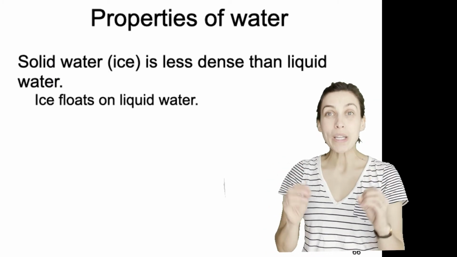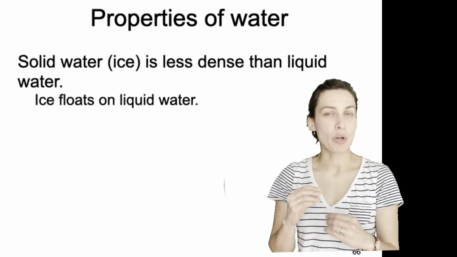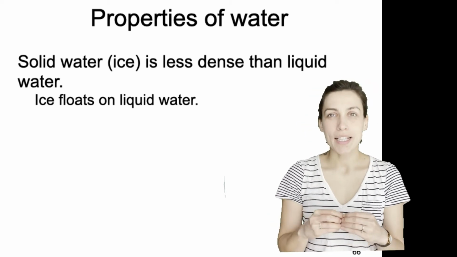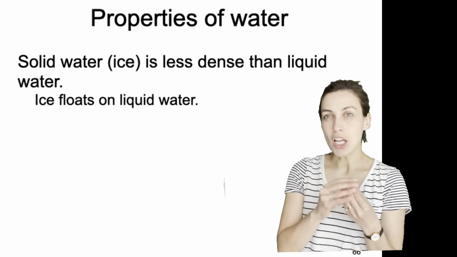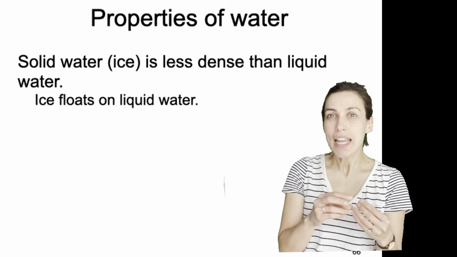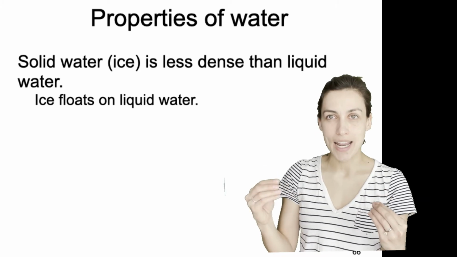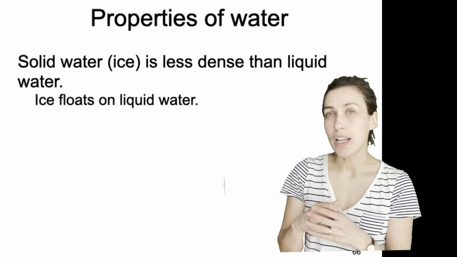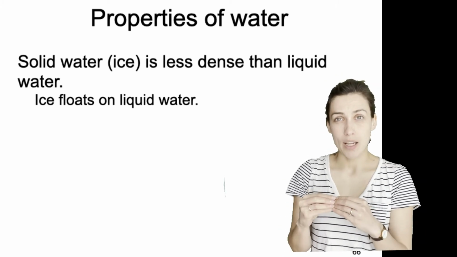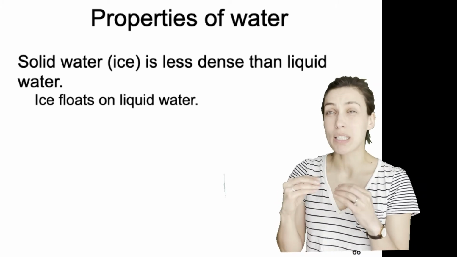The third really important and quirky property of water is that when this substance, water, becomes solid, when it freezes, it becomes less dense than it was as a liquid. This is really unusual. Most of the time, when things freeze, they become smaller.